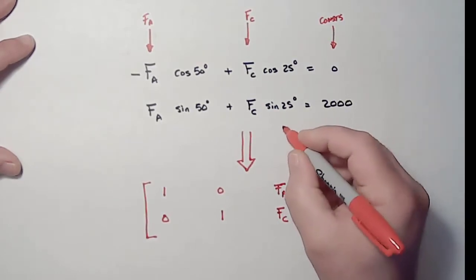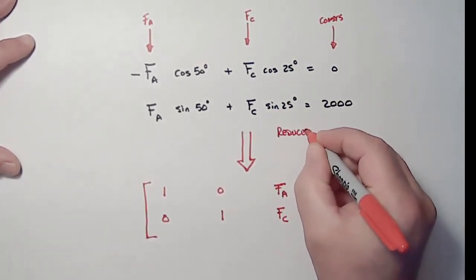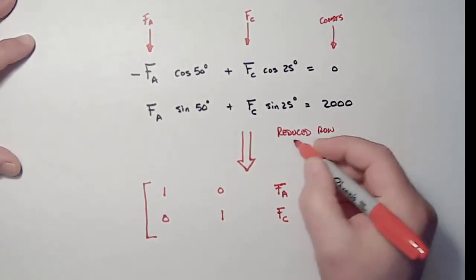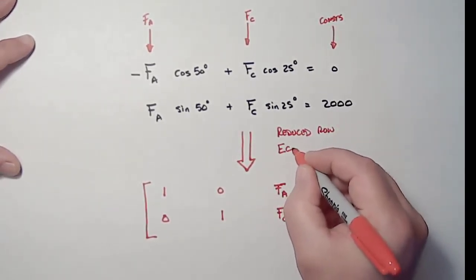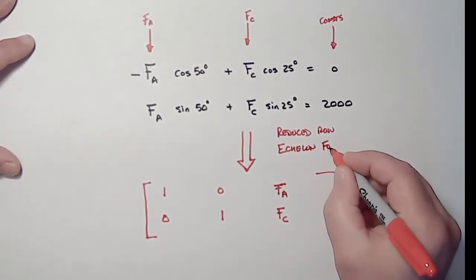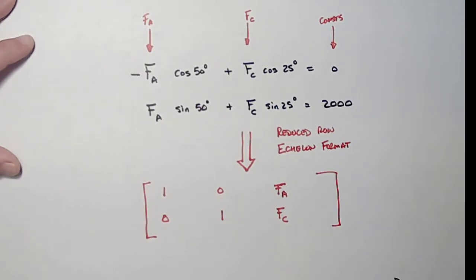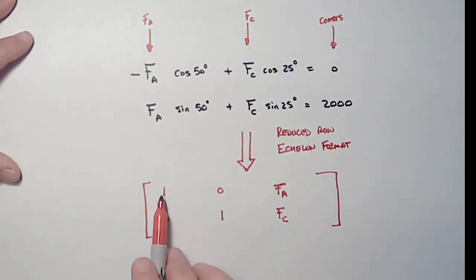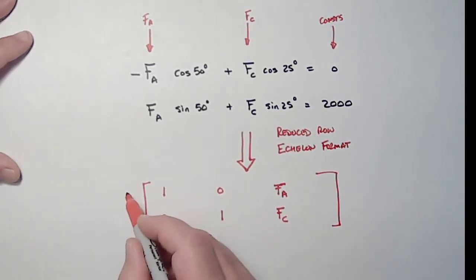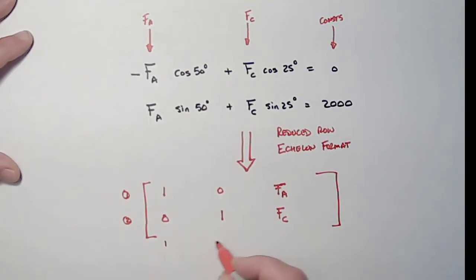And you do this by something called the reduced row echelon format. Now notice I'm looking for two equations and two unknowns, but I have a matrix that I have to build that has two rows and three columns.